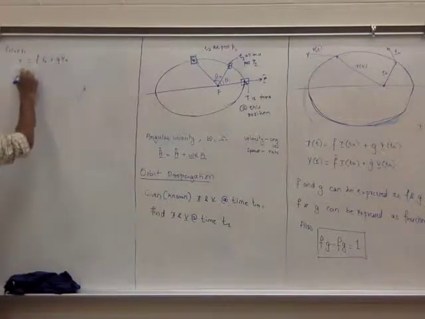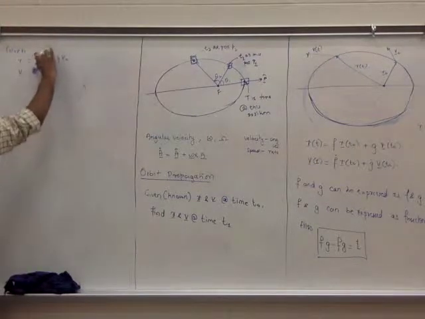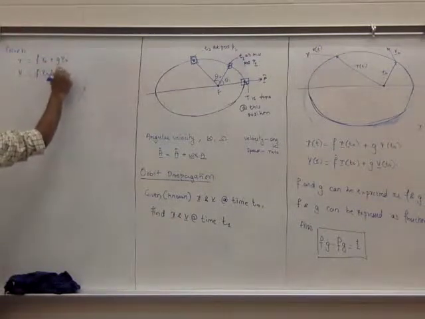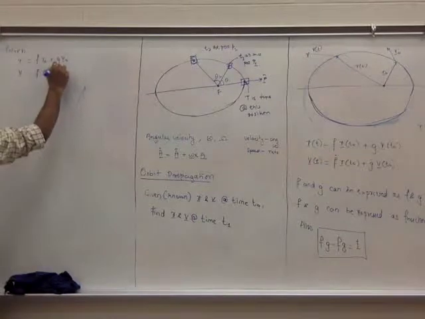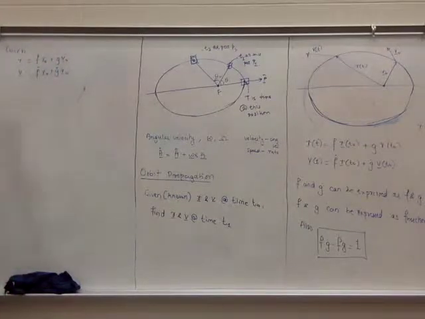and then you have v is equal to f dot r naught plus g dot v naught. r cross v.